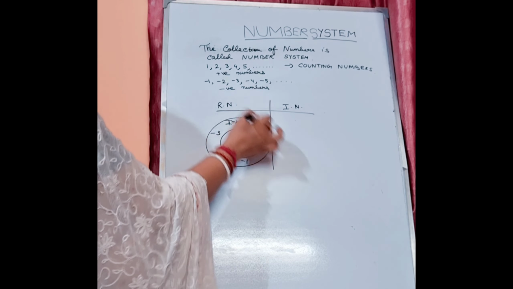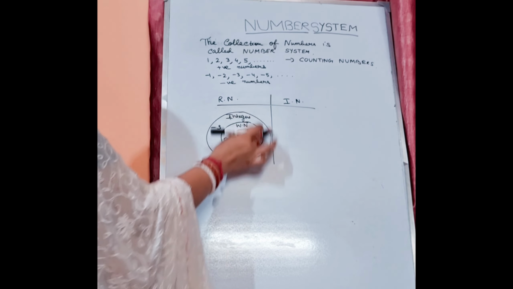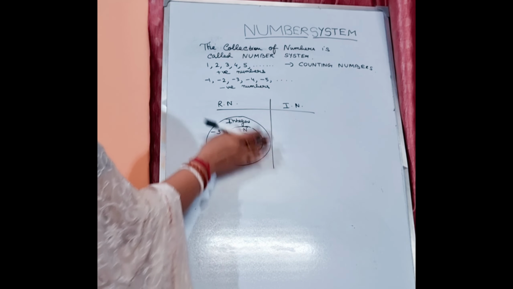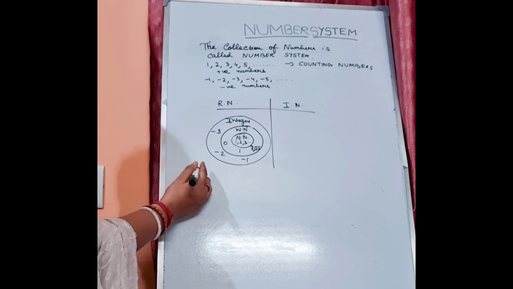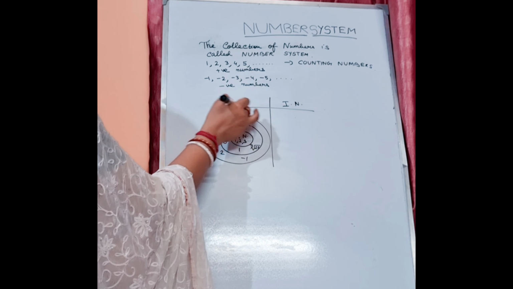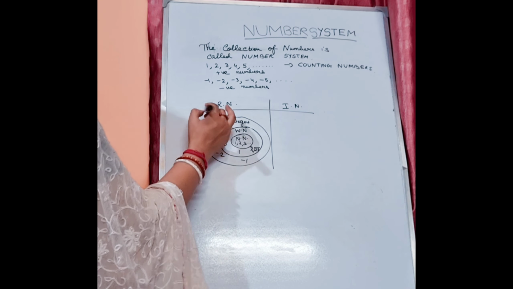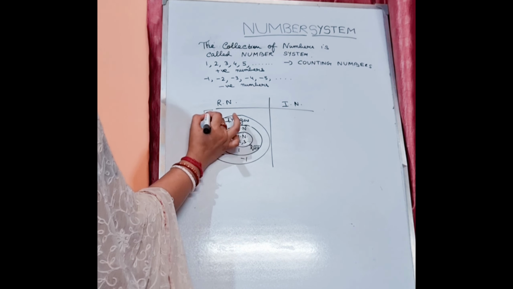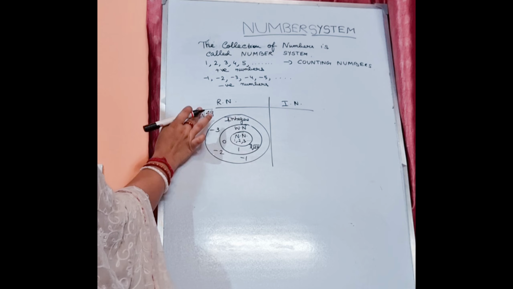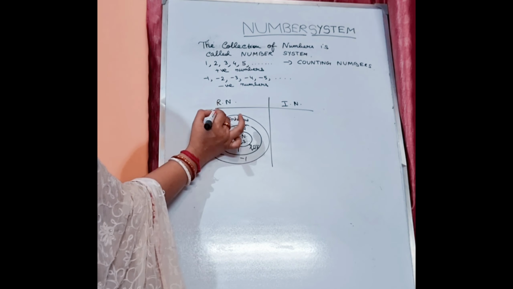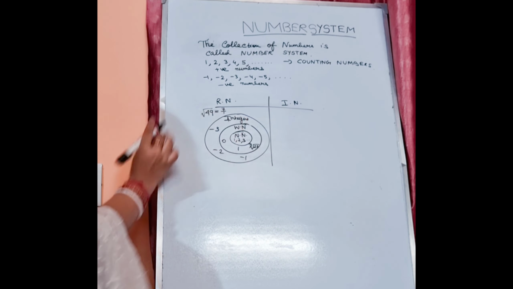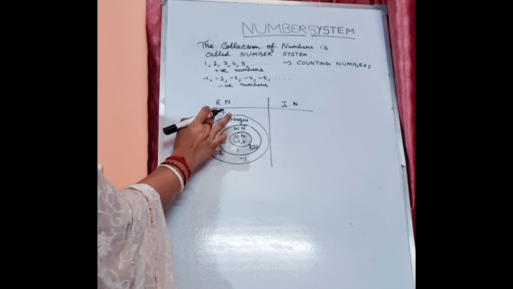And in the outside part are the rational numbers, these are all rational numbers. A few examples of rational numbers you can write over here, like under root 49. This is a rational number because under root 49 is equal to 7, which can be expressed in the form of 7 by 1.